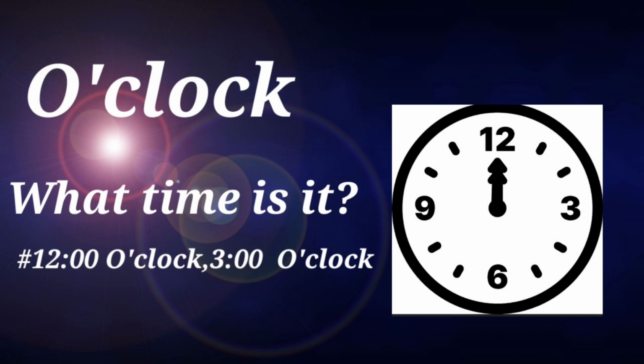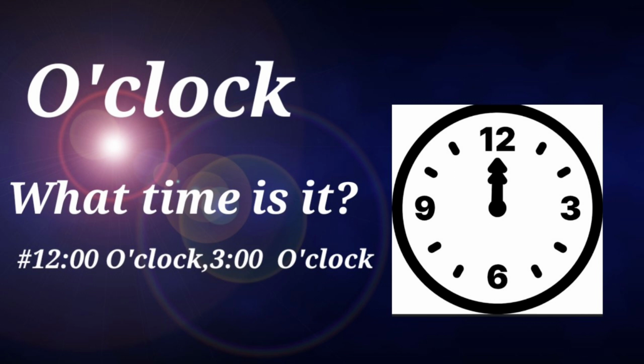Like how will you ask someone a question about what's the time? Generally people ask, but how will you answer them, and how will you ask? The best way is: what time is it? How will you ask the question? What time is it? And the next, as I was mentioning in the first point, the sharp times: 12 a.m., 12 p.m., 3 a.m., 3 p.m., 2 a.m., 2 p.m., and it can be whatever, but it will be sharp.